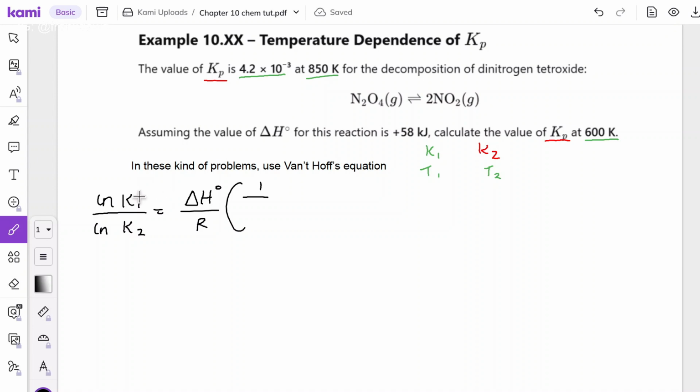So if you put the 1 on the top, that means the first T has to be T2, minus 1 over T1. Or you can do it this way, where you put K2 on top instead. So that makes it easier for you. ln of K2 over K1 equals to this. So that puts T1 before T2.